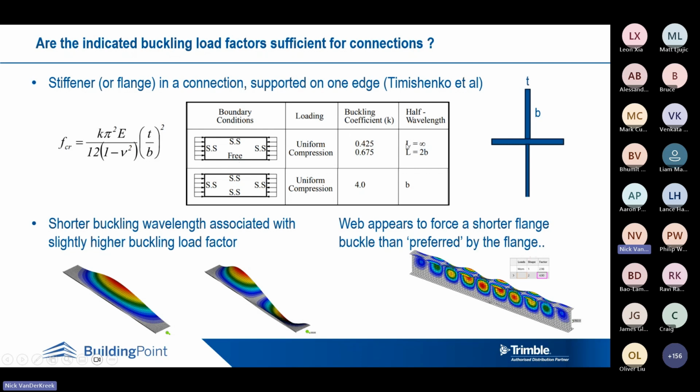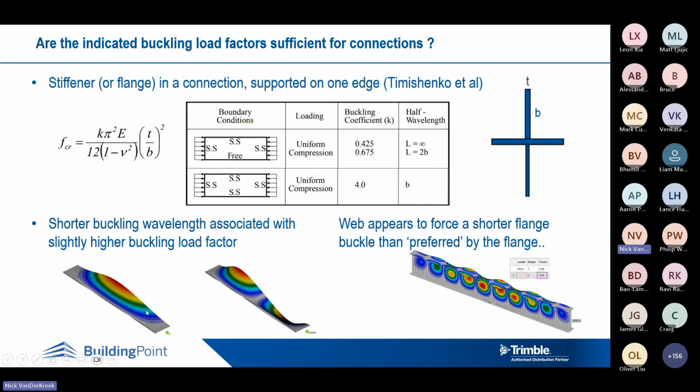And if we have a very long plate, like I did in the software here, with one side vertically restrained, laterally restrained, simply supported, the buckling coefficient is as low as 0.425, and the buckling mode half wavelength is infinite.